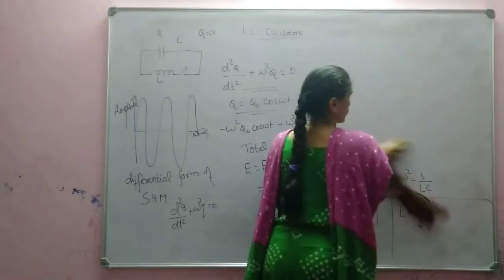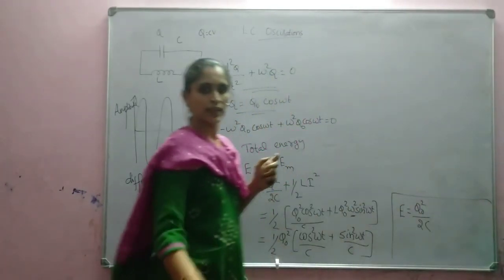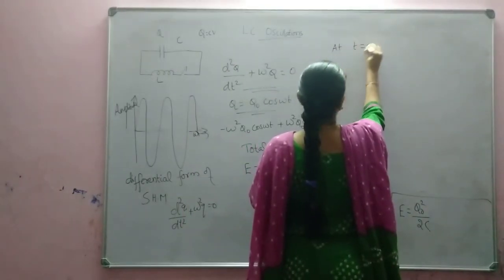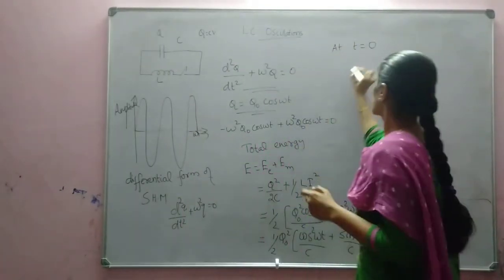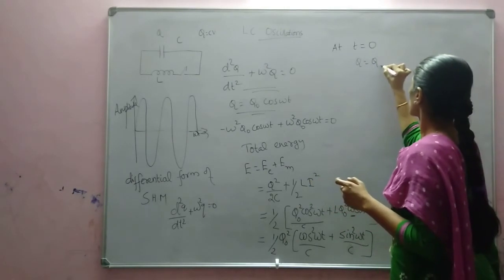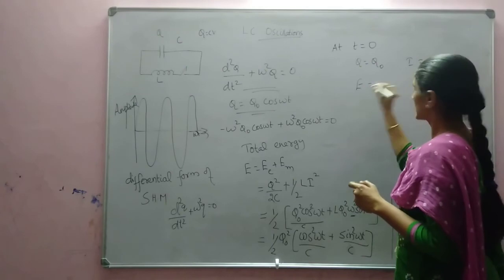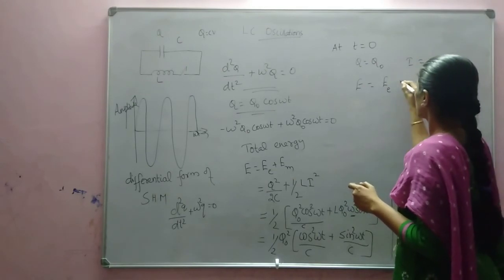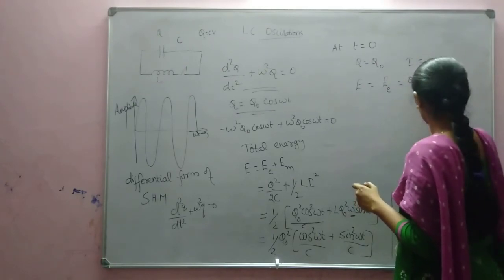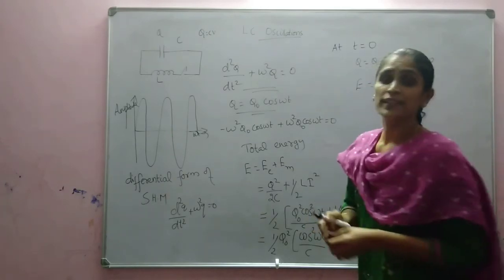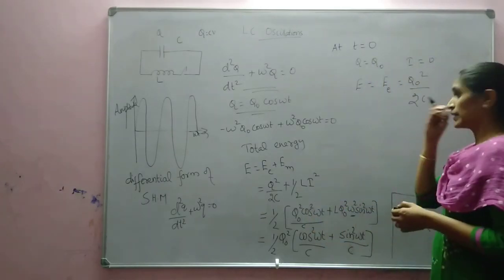At t equal to 0, current is 0, so the total energy is only the capacitor energy, given by q0 square by 2C. Now at t equal to T by 2, what happens after half cycle?